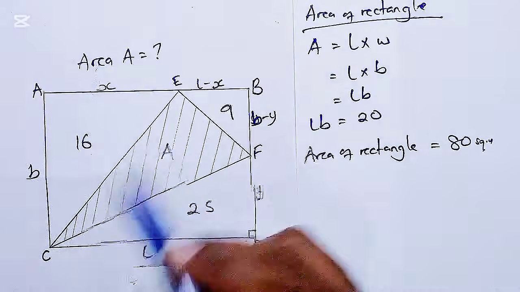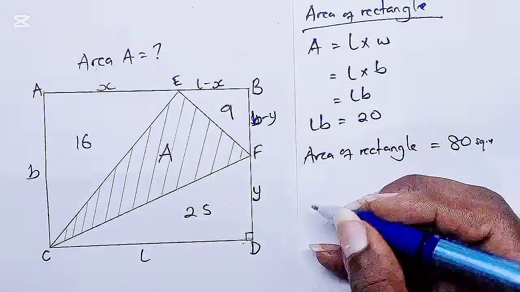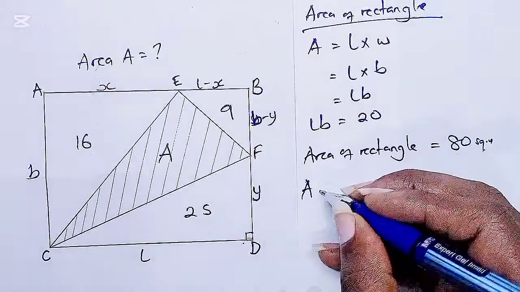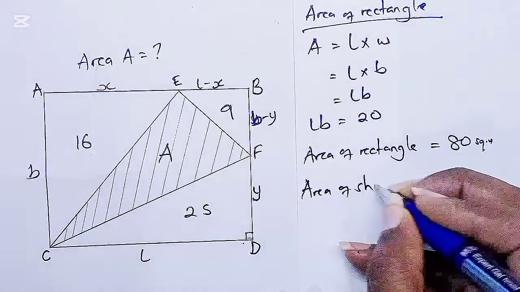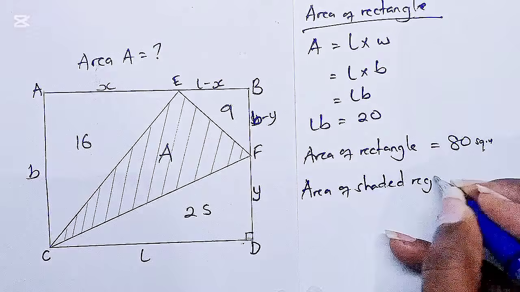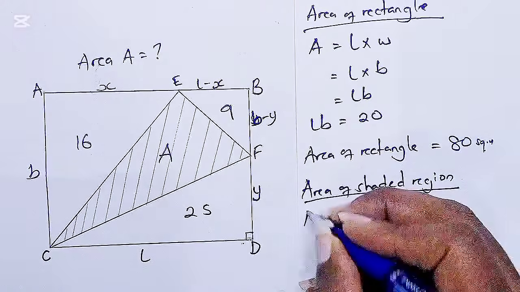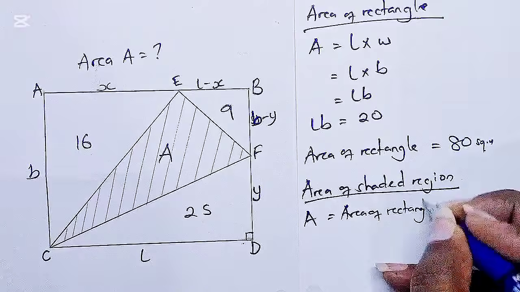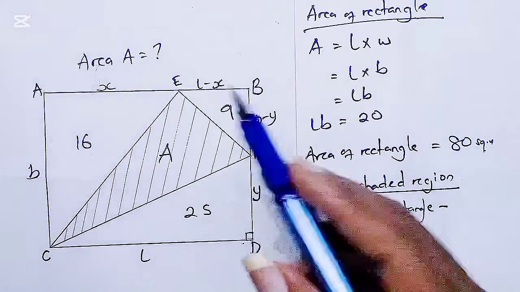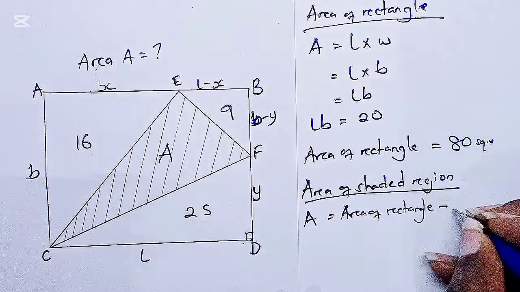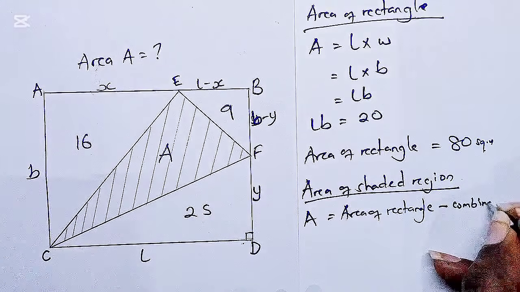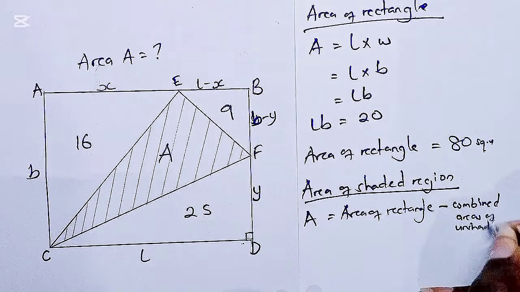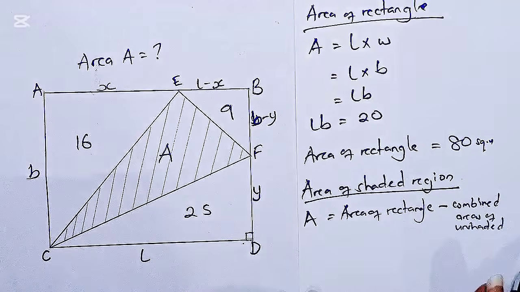Now we can find the area of the shaded triangle. The area of the shaded region will be equal to the area of the rectangle minus the combined areas of the unshaded triangles.